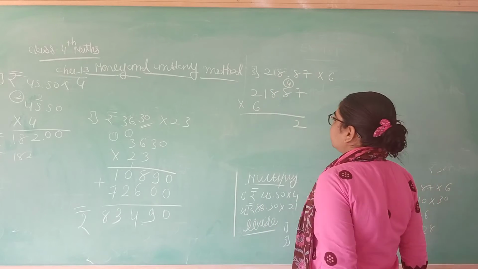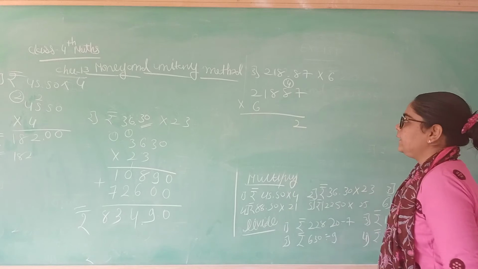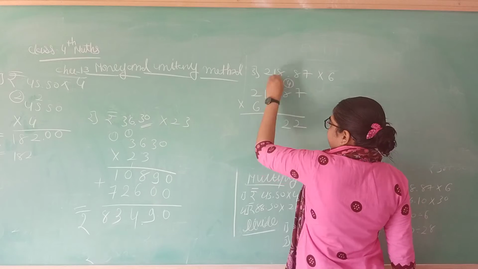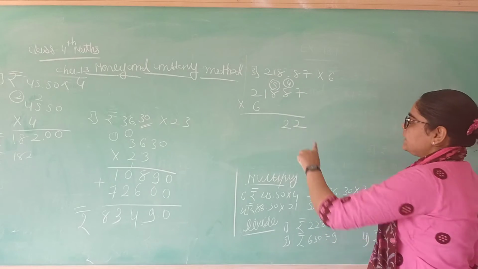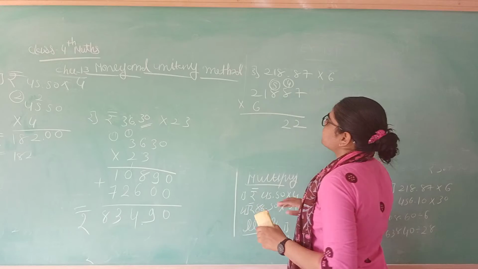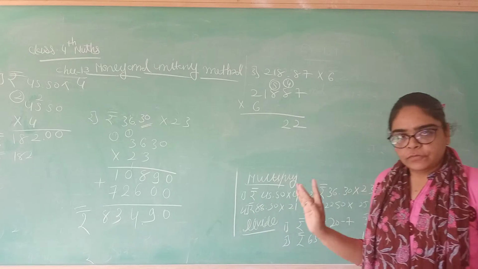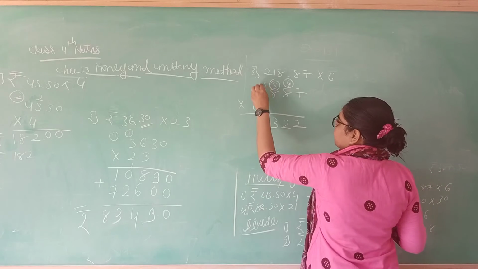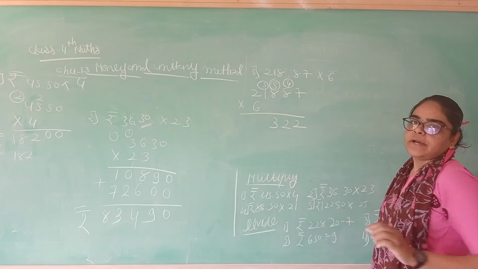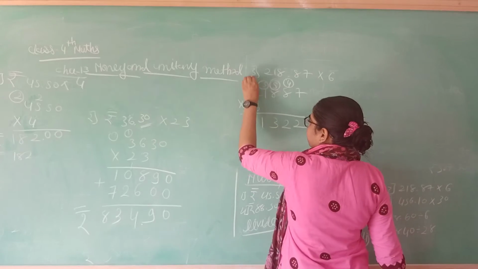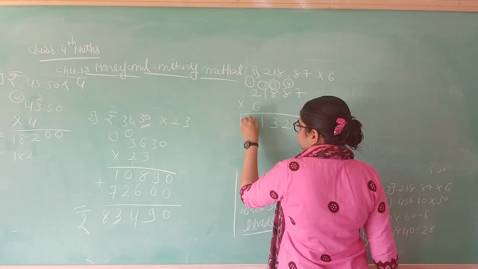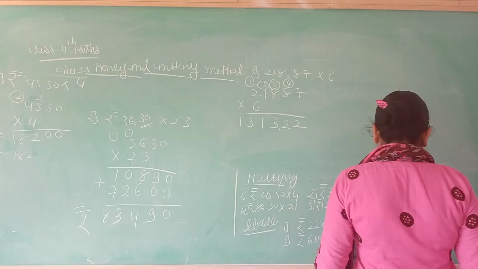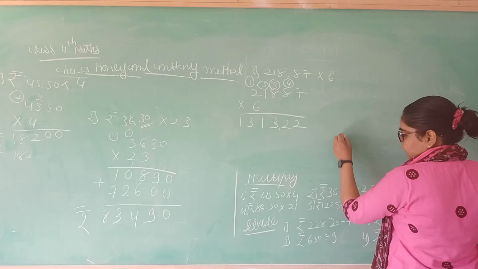Then here 4 carry over. 6 8s are 48, 49, 50, 51 and 52. 2 here, 5 carry over. 6 8s are 48, 48 plus 5, 53. So 3 here, 5 carry over. 6 1s are 6 plus 5, 11. 1 here, 1 carry over. 6 2s are 12, 12 plus 1, 13. 1 and 2, then cut 2 decimal points. Okay, then next, fourth one sum.